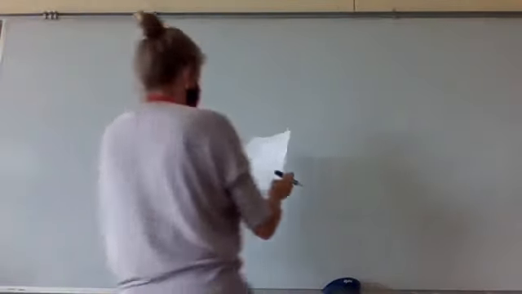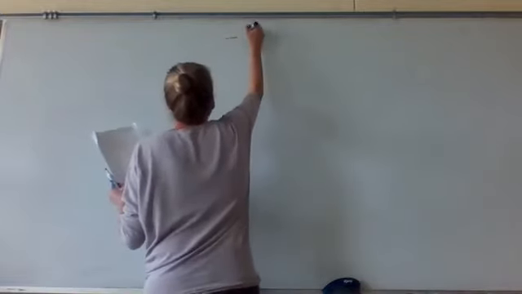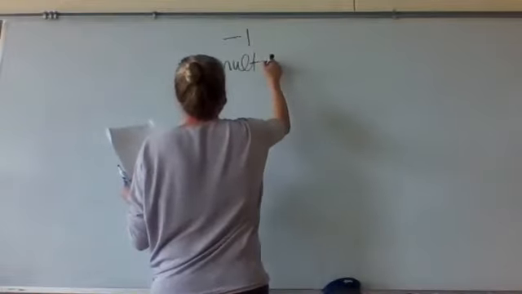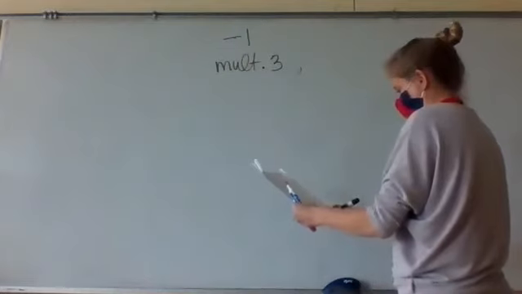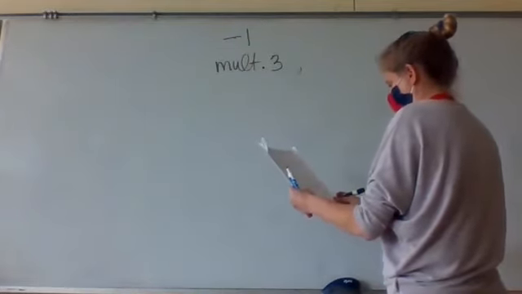Okay. Find a polynomial of degree 4 with negative 1 as a 0 of multiplicity 3, and 0 as a 0 of multiplicity 1.